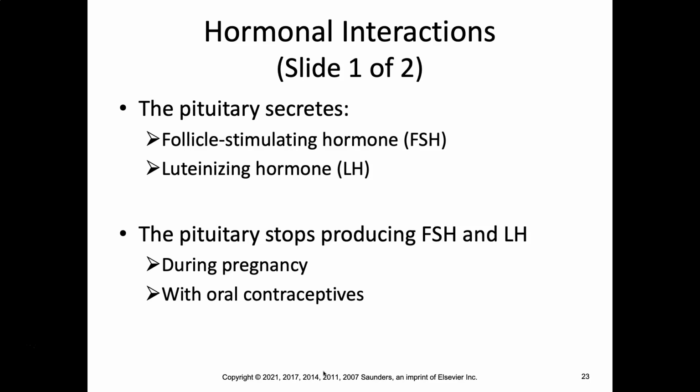And so that stops during pregnancy because the pituitary automatically knows, oh, hey, we're keeping this baby. We're not going to produce these hormones. And oral contraceptives say, we don't want a baby, so we're not going to produce those hormones. And that's why a lot of women who are on oral contraceptives oftentimes have very minimal periods, if any at all.